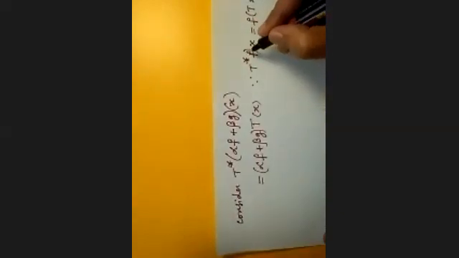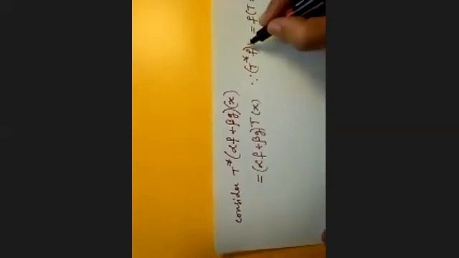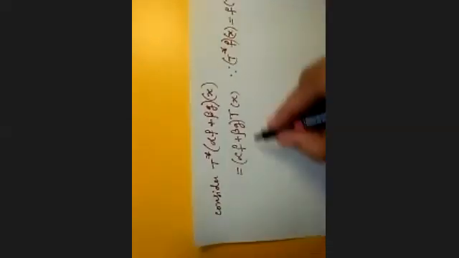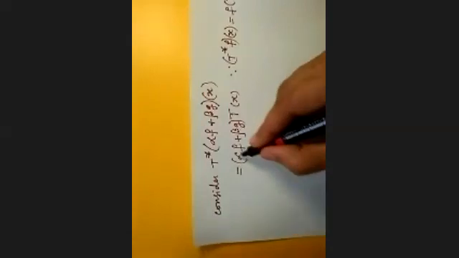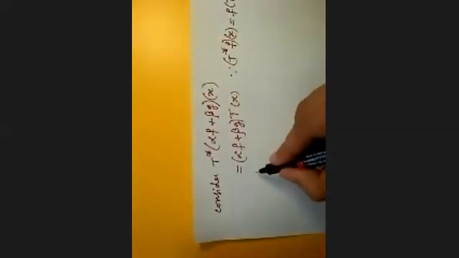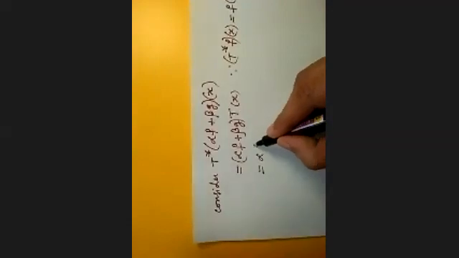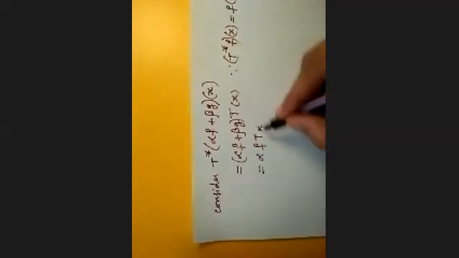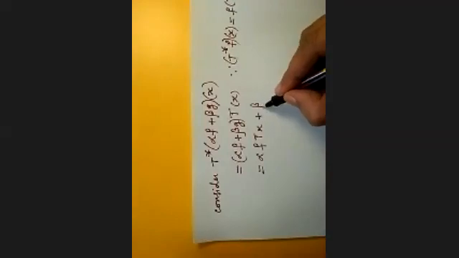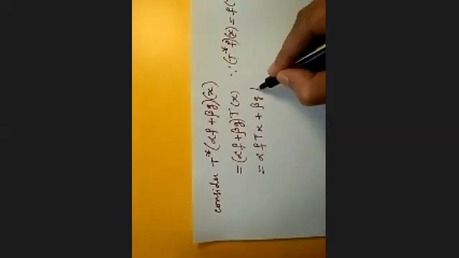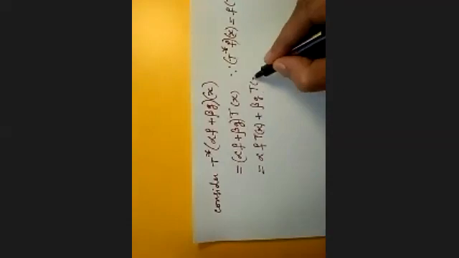In the place of f, I have this. That is equal to, just multiplying this out, alpha f of T x plus beta g of T x. You can put the bracket also, no problem. And that is nothing but alpha as it is.